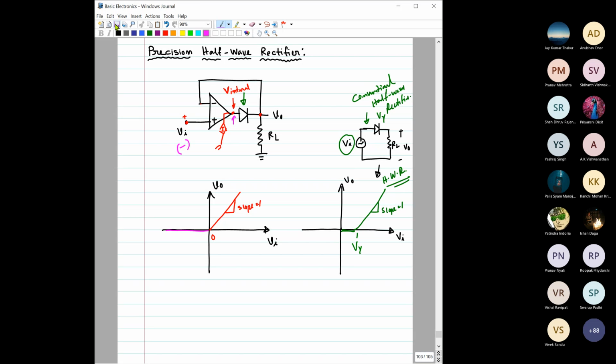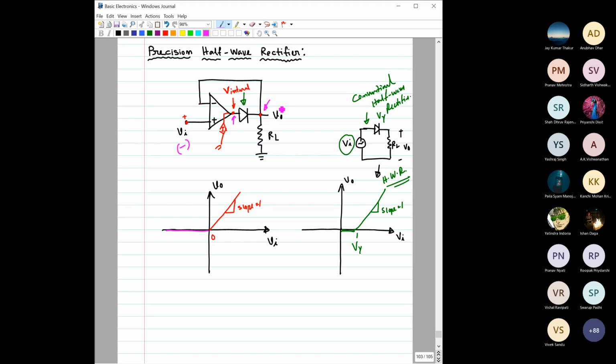Sir, if we take node V0 and ground, then current has to flow through the diode from left to right. Could you please repeat? When we consider node V0 and ground. V0, where? This voltage or which voltage? Output side, RL, top portion of RL. Yes, this is V0. V0 is equal to Vi, right?